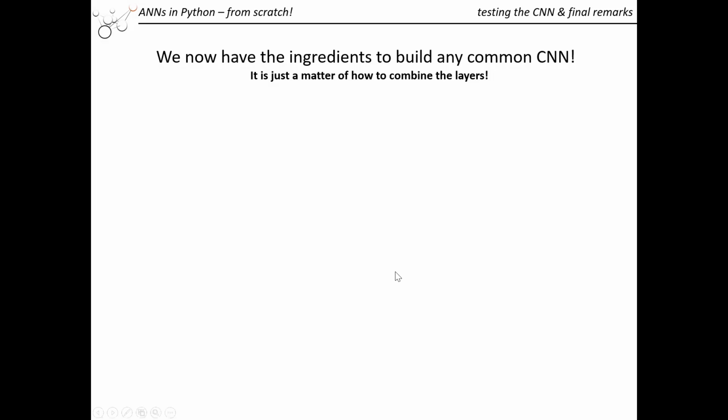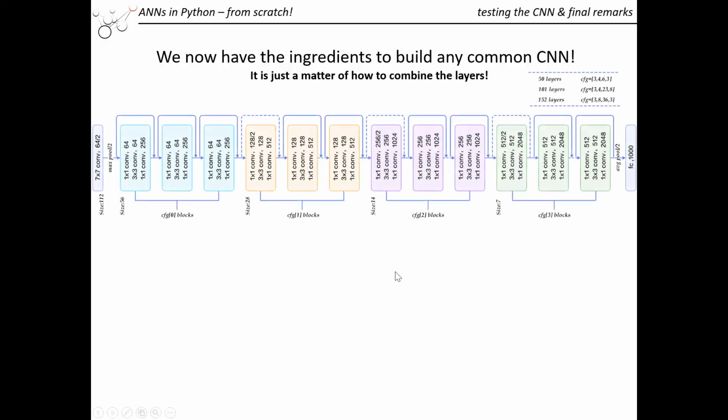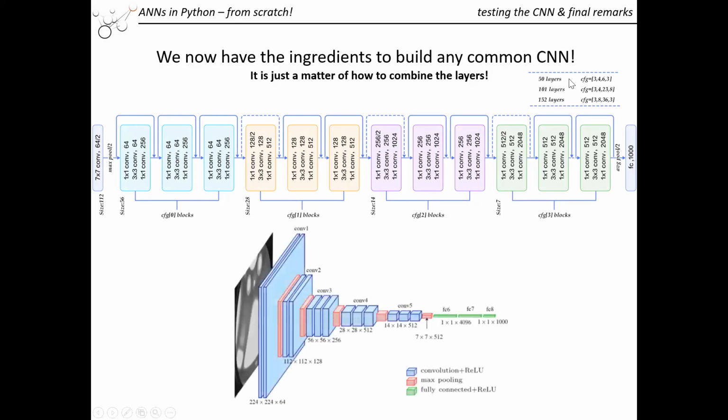We have the ingredients, but they are rather complicated. I just want to show you an example of what it looks like. They have many different layers, let's say 100 layers, 50 layers. That's actually not very rare. Those networks have really many layers.